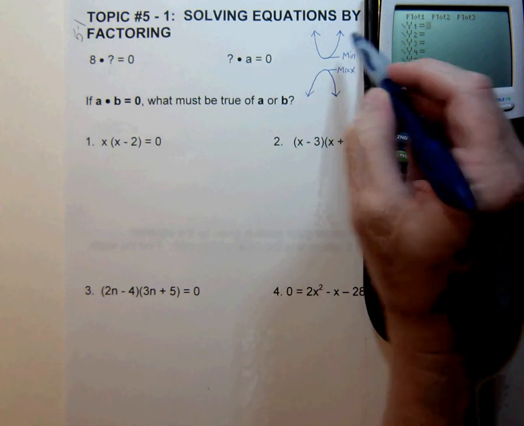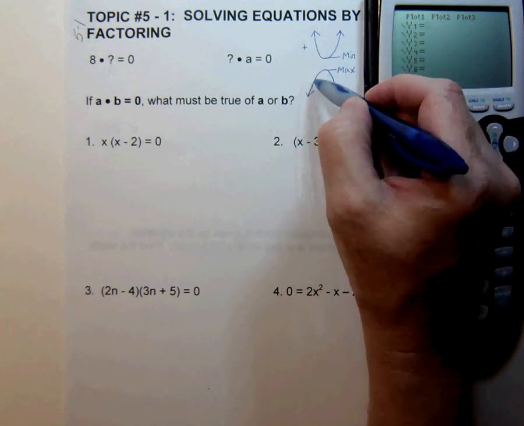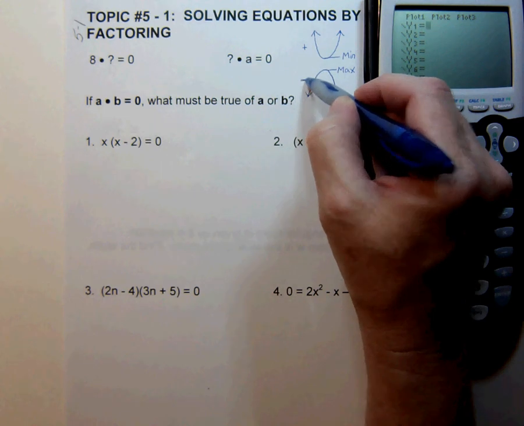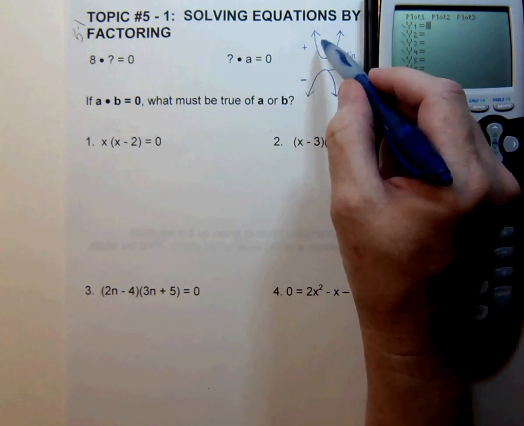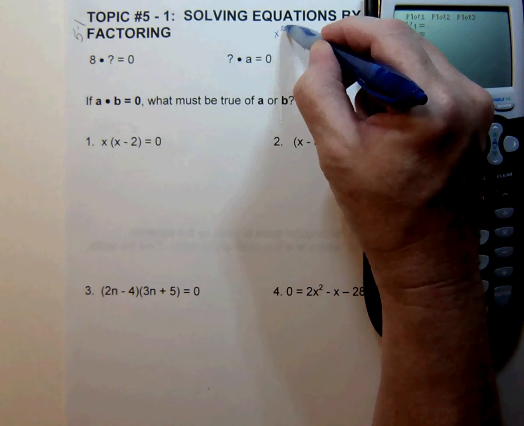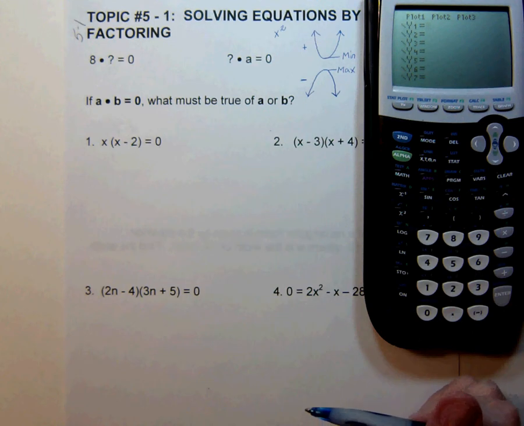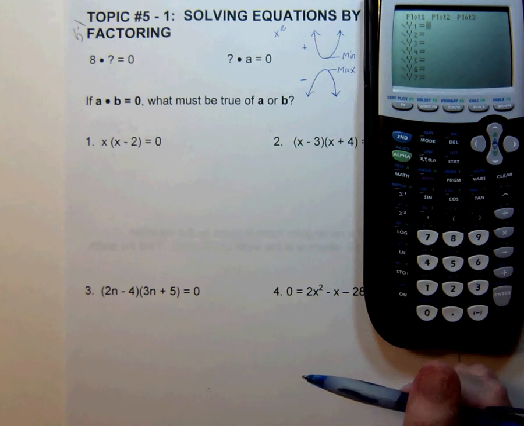So these would be positive quadratics. These have a negative x squared. But when you're solving quadratics, you know you're looking at problems that have x squared in the equation. Now these four problems have already been broken into their factored form.